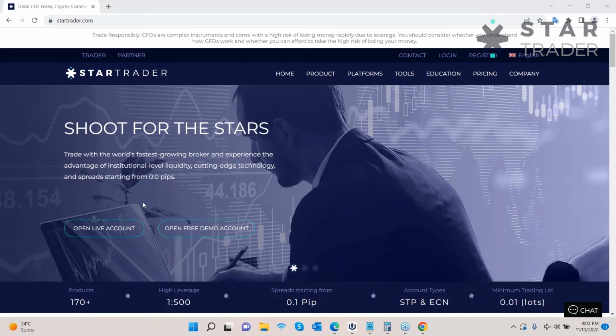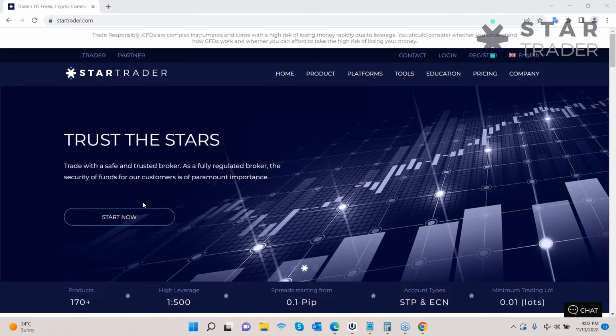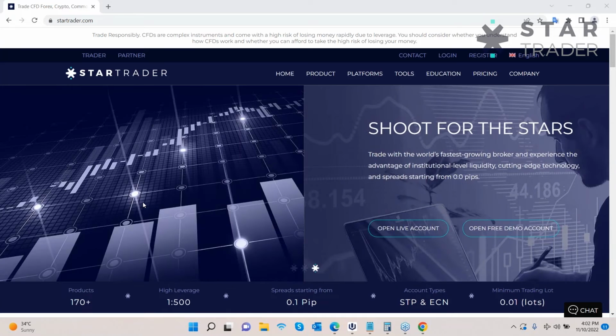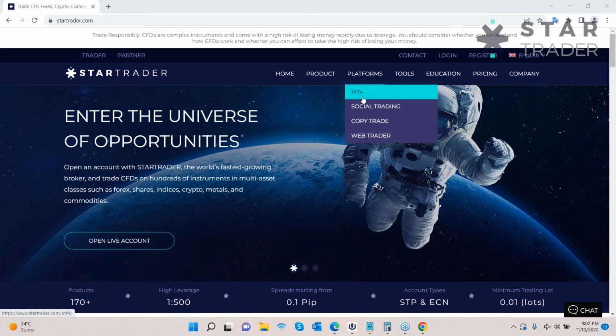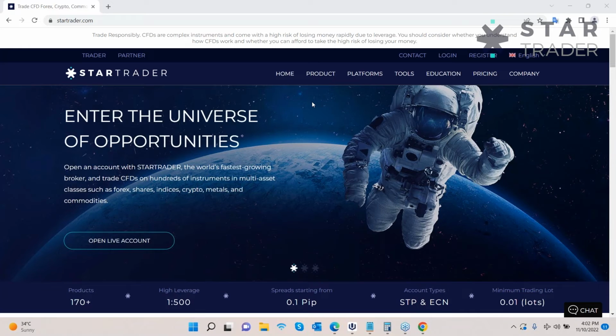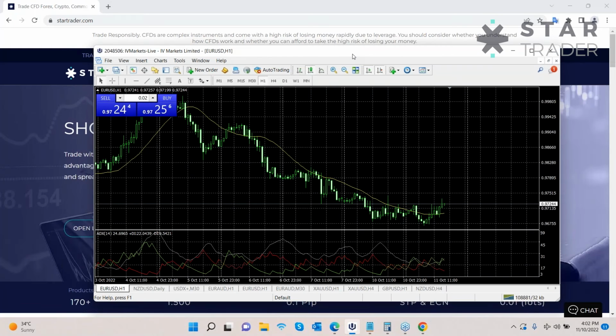In my previous session, I discussed everything about the basics of MT4 MetaTrader 4. All we need to do is install the MetaTrader on our laptops. To install MetaTrader 4, we just need to go to the platform and install MT4. When you install your MT4, it will be like this.